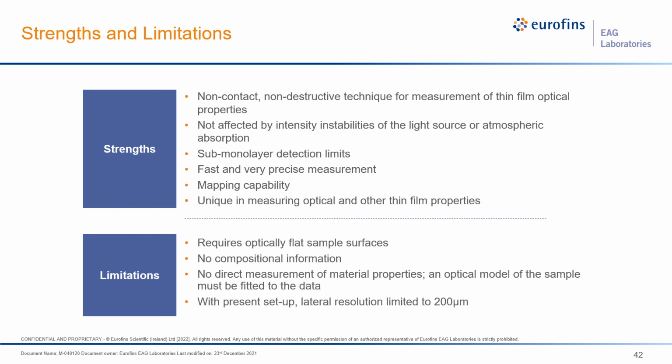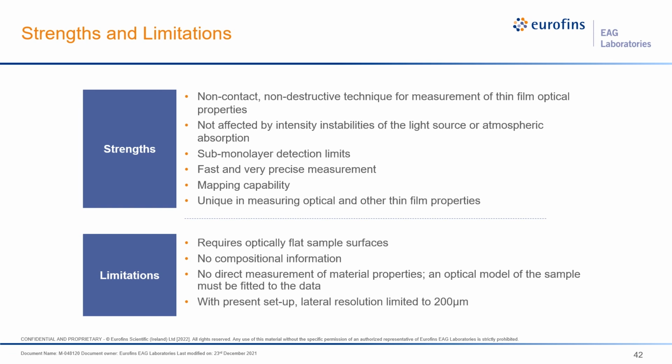Obviously, the technique also has limitations. It requires optically flat sample surfaces. Ellipsometry does not provide compositional information, and complementary surface analytical techniques are required to measure those if necessary. Ellipsometry does not measure the optical and other material properties directly. An optical model must be fitted to the data.